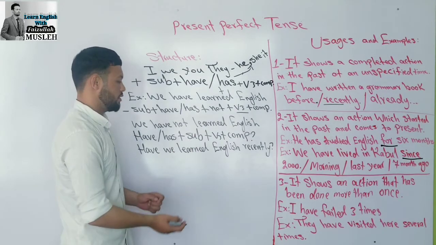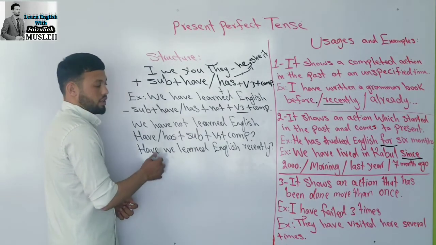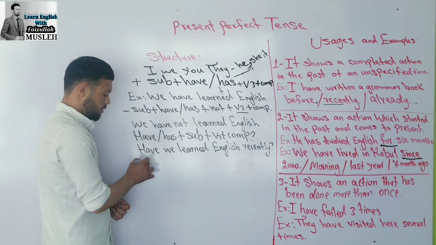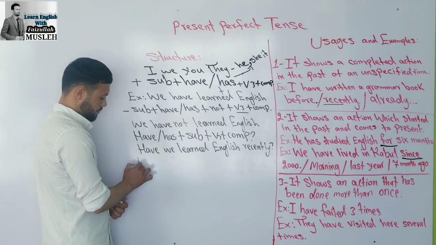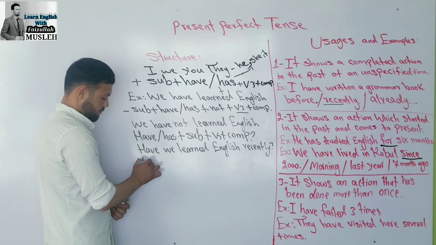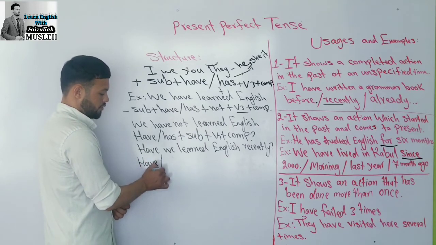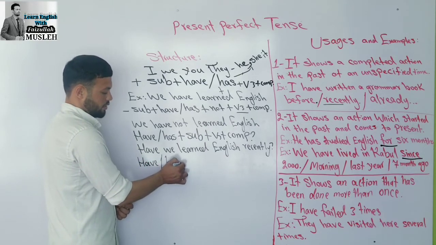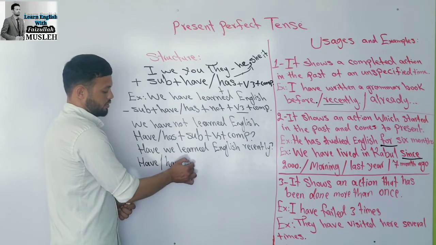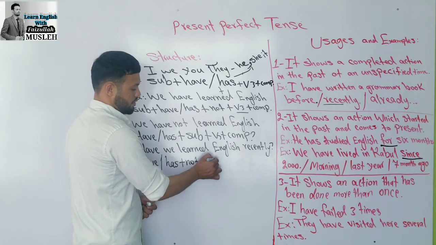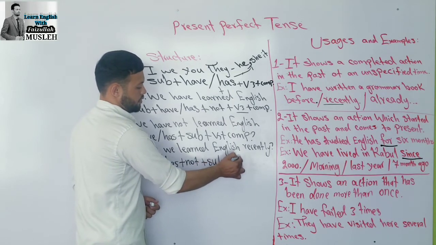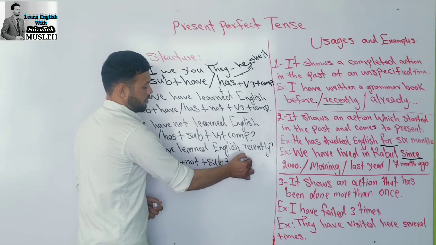This is a question form, and we can make it negative interrogative form too. The structure is have slash has plus not plus subject verb complement.